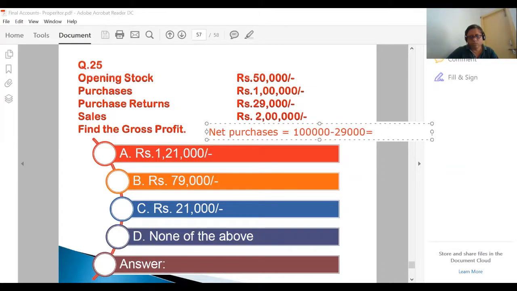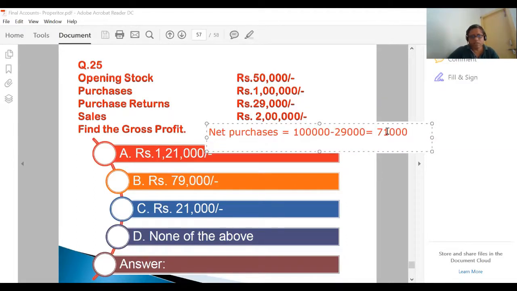That is 71,000. Sales how much? No sales return. Sales is equal to 2 lakhs.